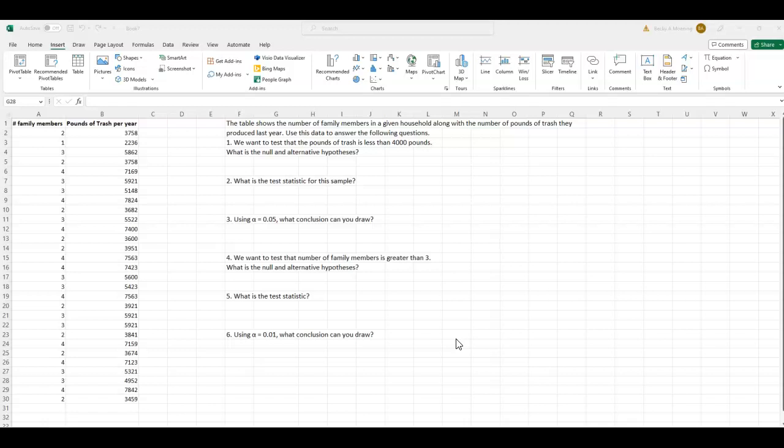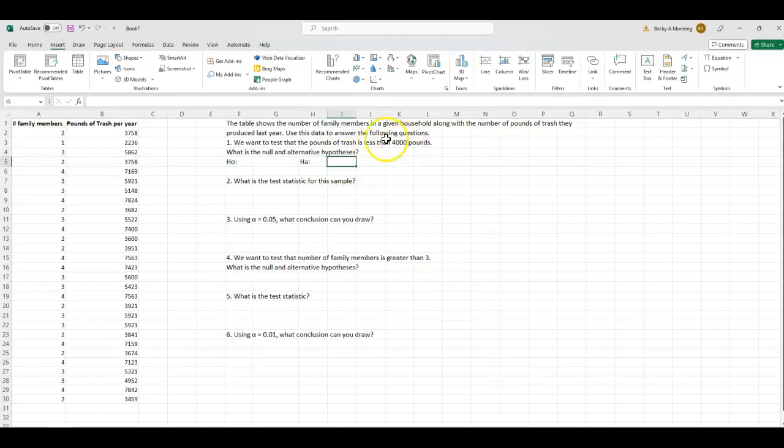So we are dealing with hypothesis testing here in Excel. Number one, we want to test that the pounds of trash produced is less than 4,000 pounds. Based off of that, what are the null and alternative hypotheses? Remember that the null hypothesis we'll call H0, and then HA for the alternative. The HA is pretty easy to find, right?